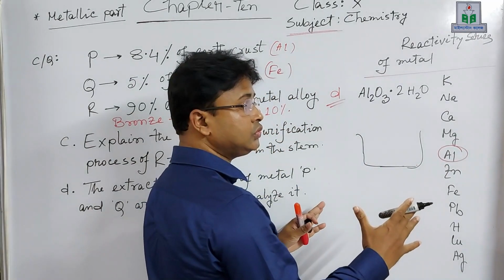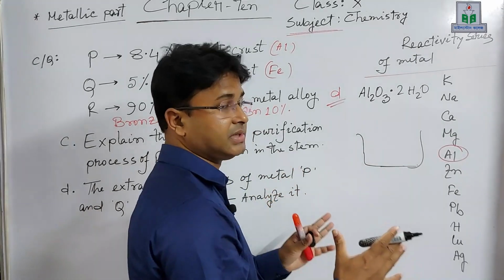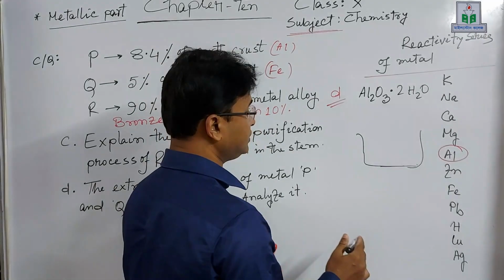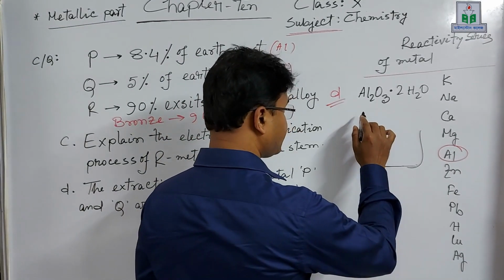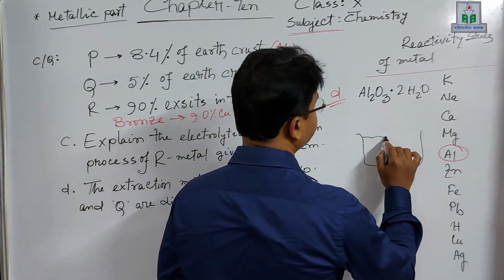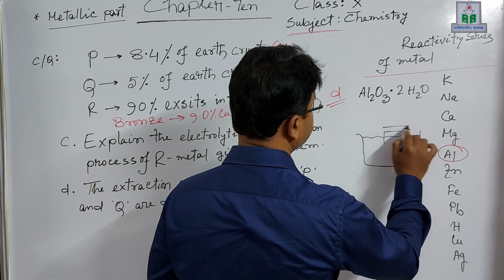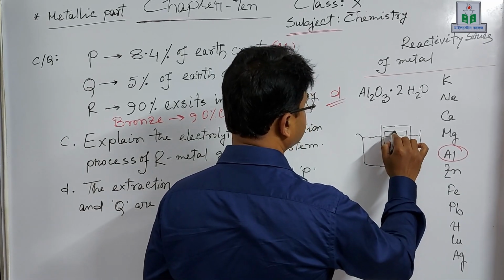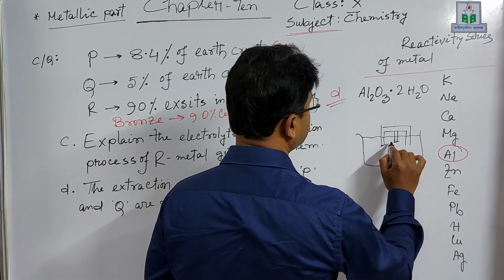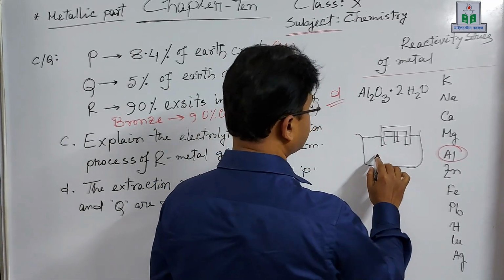I would like to show you a simple figure of electrolysis of aluminum oxide, but this is not the figure of aluminum metal extraction. I would like to just tell you the extraction of aluminum metal shortly.